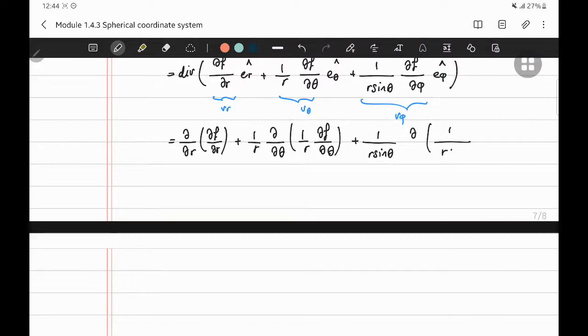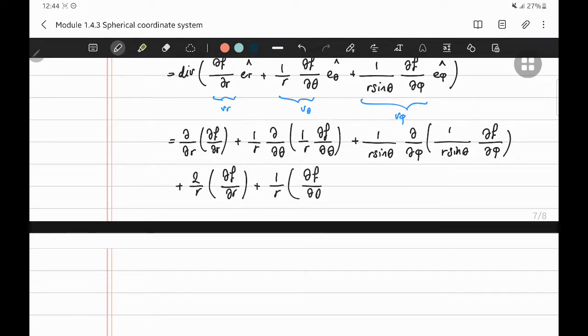So it is 1 divided by r sine θ partial derivative of f with respect to φ, and the whole with respect to φ, plus 2 divided by r partial derivative of f with respect to r, plus 1 divided by r partial derivative of f with respect to θ, cotangent θ divided by r.